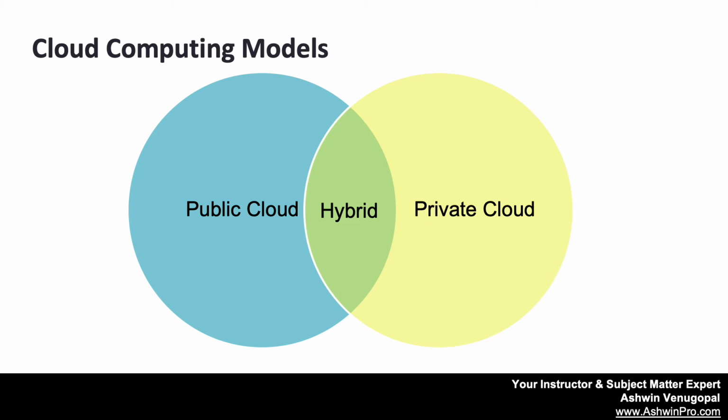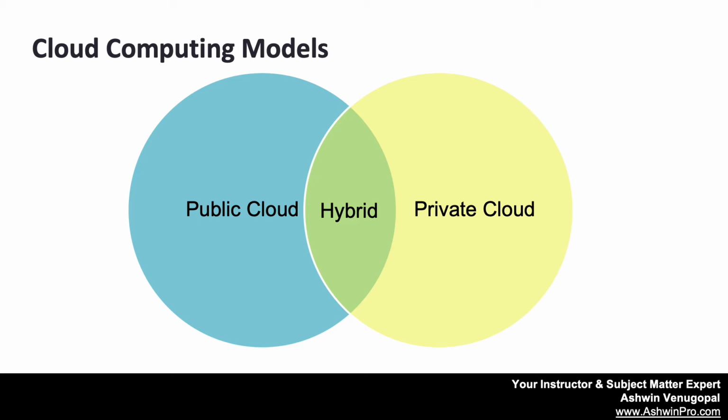Technically, there are paid public cloud services as well, but there are also many free public cloud services, like, for example, Gmail, which I mentioned. And because the public cloud is accessible by anyone from any location, there could be a risk factor involved.